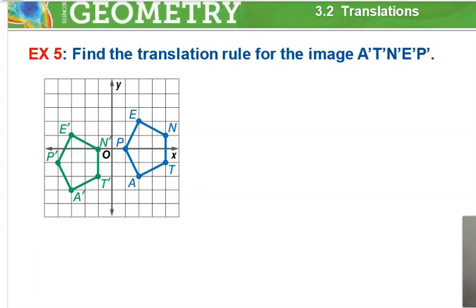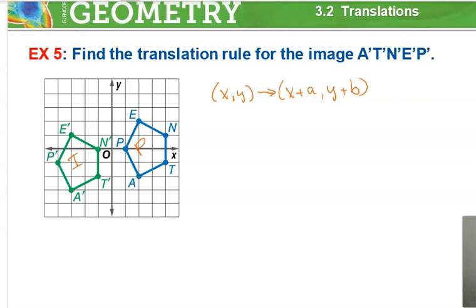Now you're going to find the translation rule. In other words, what is the rule for this? I have x, y, the original point, will become x plus a, y plus b. We need to see what the rule is for this. So start with A, and it looks like the pre-image is A, so you have to be able to identify the pre-image and the image.